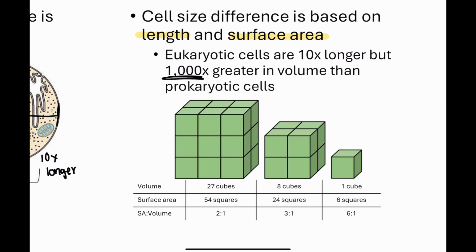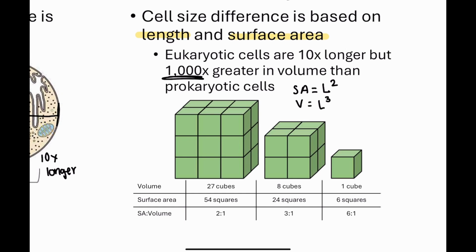As these cells' size increases, they increase in both surface area and volume. But volume is going to increase so much faster than surface area. This happens because surface area is proportional to length squared, and volume is proportional to length cubed.